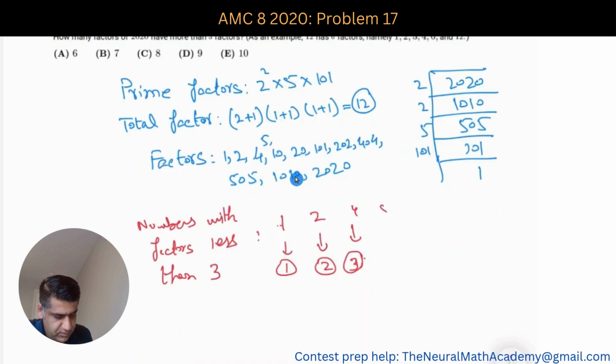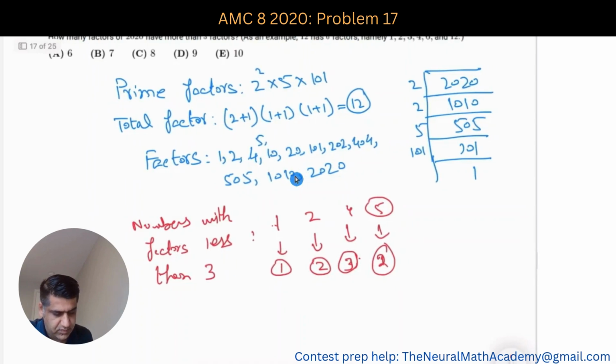Then 5 has 1 and 5, 2 factors. And similarly, 101 also has 2 factors. So there are two factors for 101.